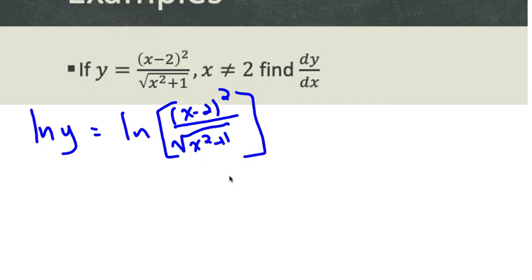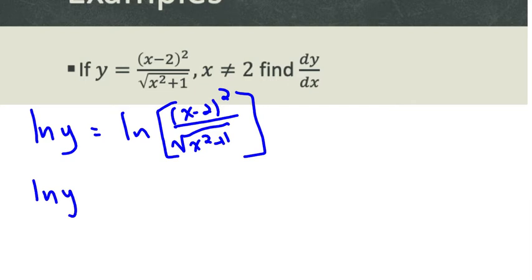Where using logarithms, like in the last one, the exponent can come down to eliminate the need for a chain rule. But also, this being divided will split this up into the top minus the bottom.